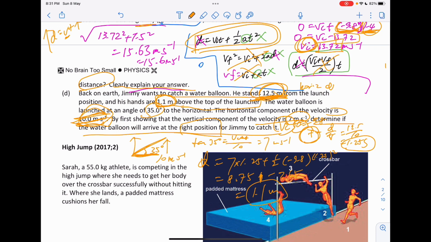So when you have horizontal velocity and horizontal distance, you get the time: horizontal distance divided by horizontal velocity. That time is the same as the time for the vertical velocity and other stuff. Okay, just remember that.